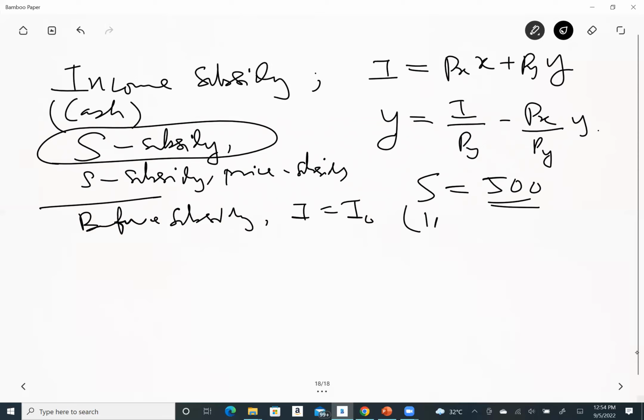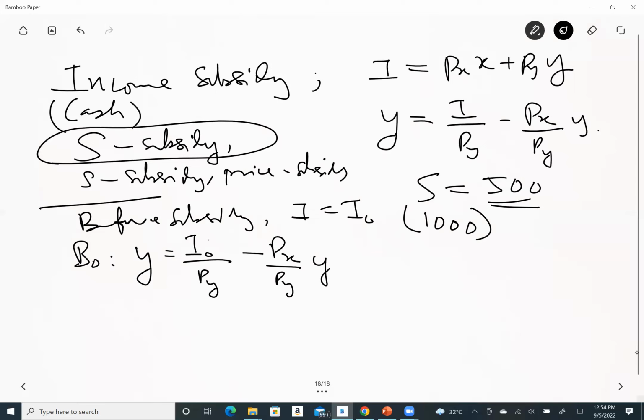Suppose 1,000. So our B0: Y equal to I0 over PY minus PX over PY X.